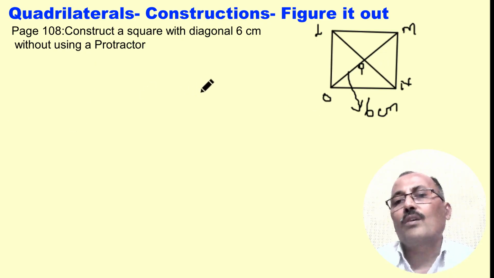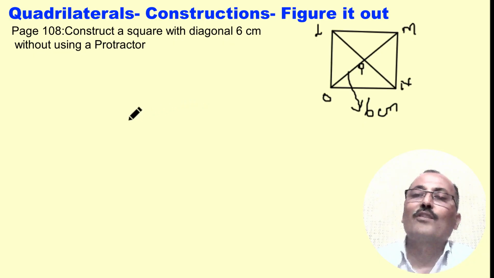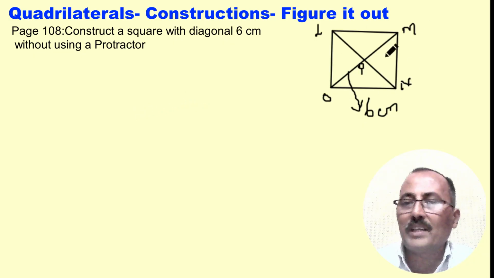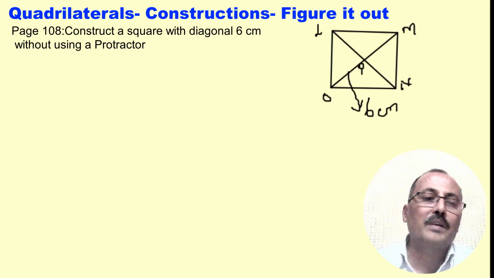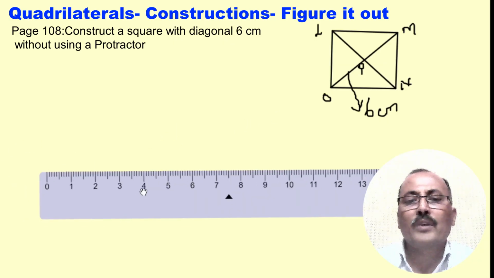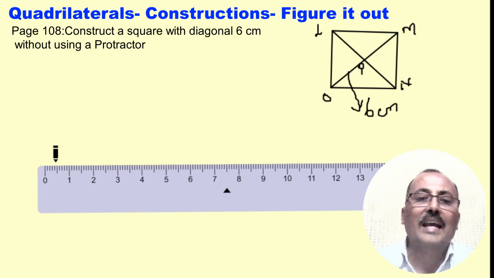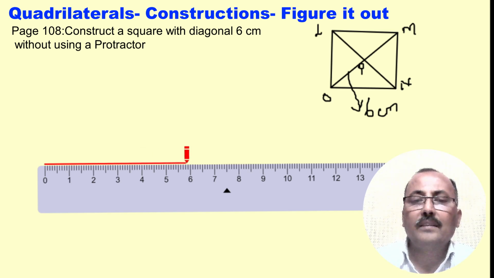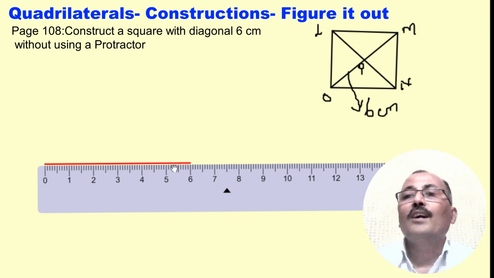Now what do we have to do? First diagonal only we know, side we don't know. We can't take a base and construct. So take the diagonal as the base. We can take 6 centimeter as the diagonal and draw. Draw a diagonal of length 6 centimeter with the help of the ruler.